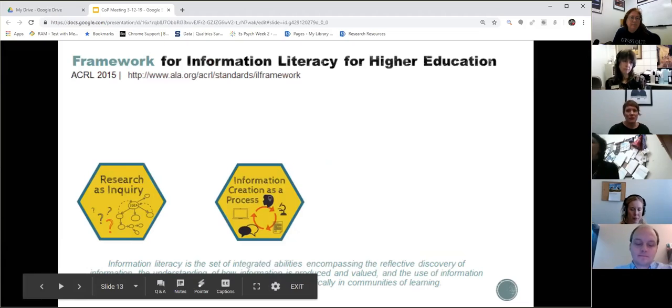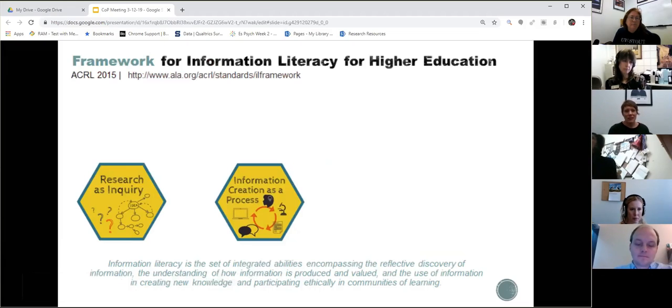So this group has really, really struggled with research as inquiry. So thinking about information in terms of solving a problem or answering a question. In general, understanding that disciplines, so we're trying to invite them into this world of knowledge disciplines, that disciplines are all organized around answering questions.